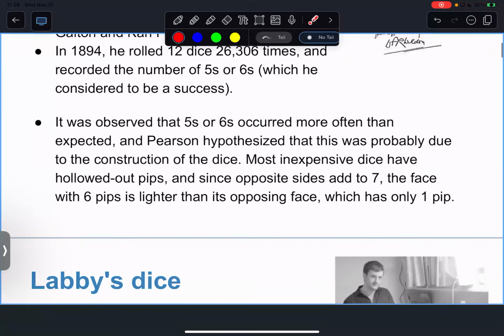And he did observe that 5s or 6s occurred more often than expected. It kind of boils down to the pips, the holes, being more hollowed out, and so the base was heavier. And so the dice with the more pips on top were showing up more often.